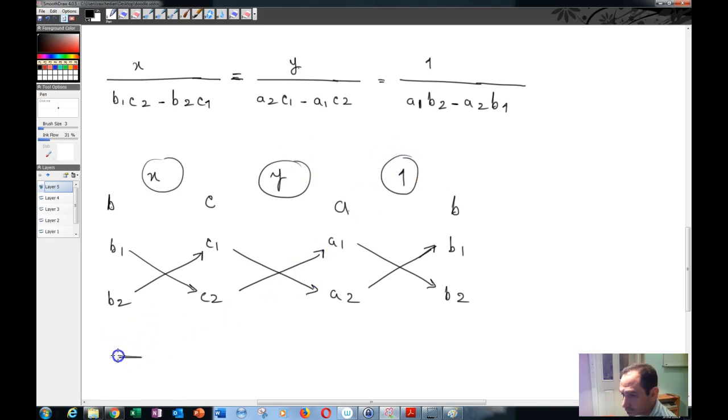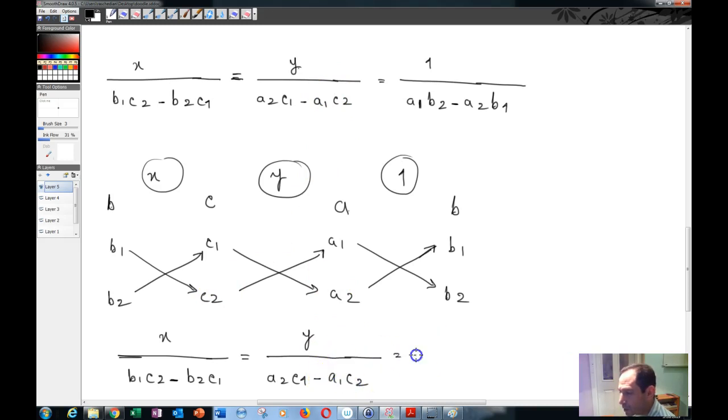You can write this as the numerator x over b1c2 minus b2c1, which is exactly what we have over here, is equal to the numerator y over a2c1 minus a1c2, which is the same thing as 1 over a1b2 minus a2b1.